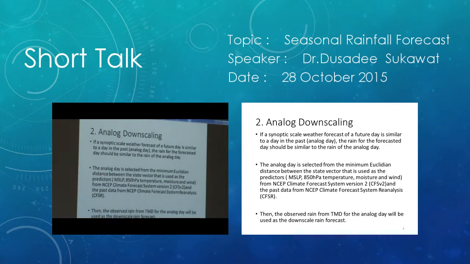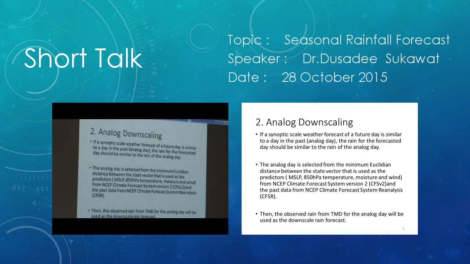Now, once you find the analog day, we don't use the rainfall from the climate model, because the rainfall from the climate model has poor accuracy. So I use the real observed rainfall from the Thai Meteorological Department. From the global model, I can zoom in to the rainfall at the station.